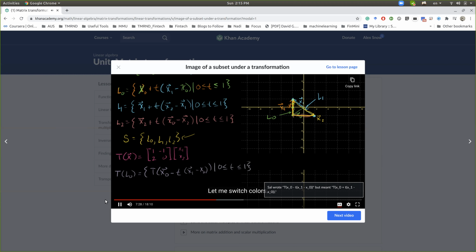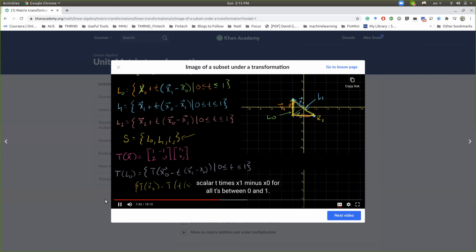Just by the properties of linear transformations, this is equal to the transformation of x naught plus the transformation of our scalar t times (x1 minus x naught) for all t's between 0 and 1.